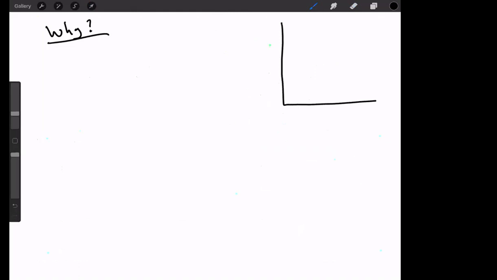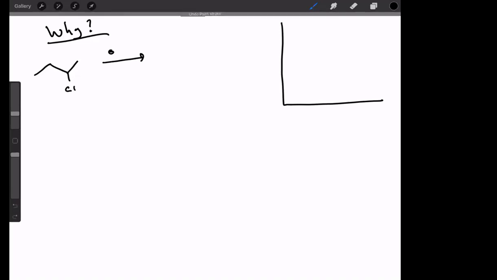What I want to do is draw an energy graph. Let's think about a reaction where I'm going to have a substitution, and I want to write out the reagent, sodium hydroxide, and the product will be OH.